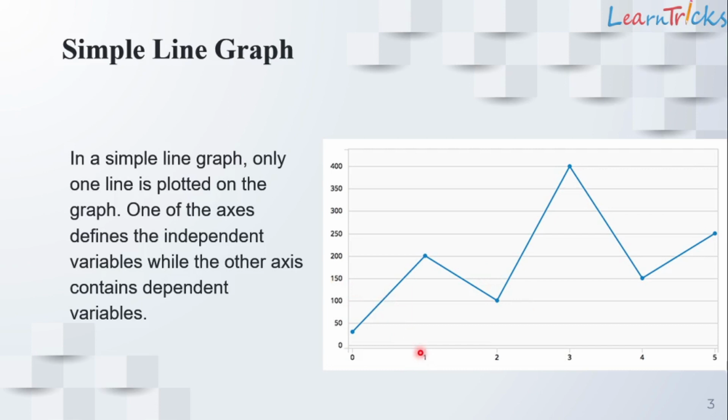For the value 1 on the x-axis, the y value will be 200, and for the value 2 on the x-axis, the value of y will be 100, likewise. So this was the first type of line graph, the simple line graph.